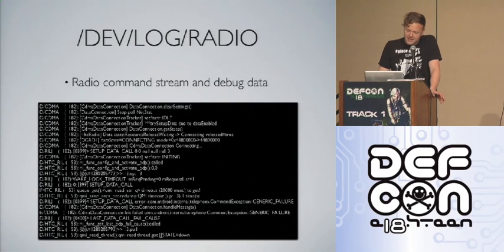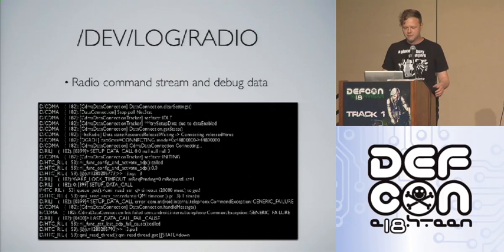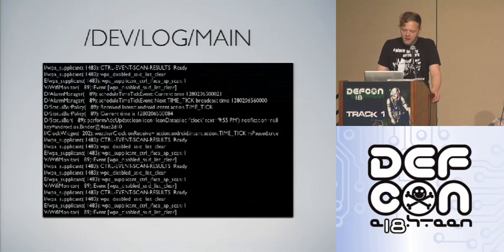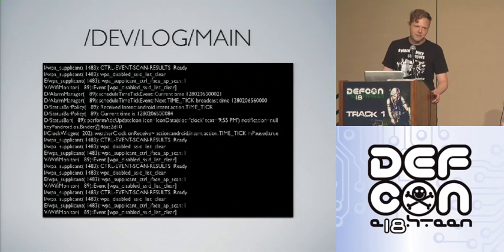Devlog radio is where you typically see a lot of radio command stream data flying around, and also some interesting events about registering and unregistering from networks. And devlog main is actually where your typical Log.d, Log.e, whatever output from an application is going to go.